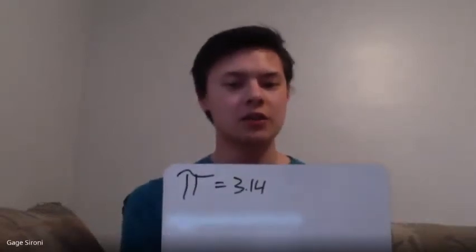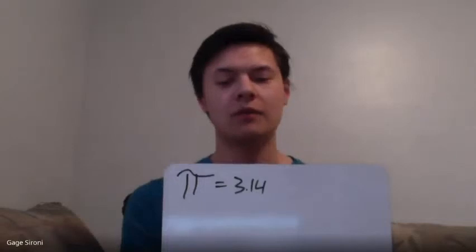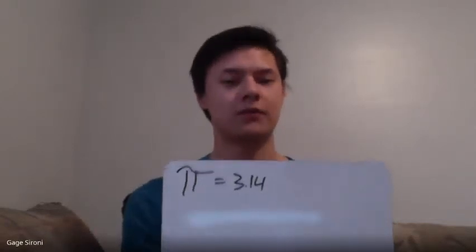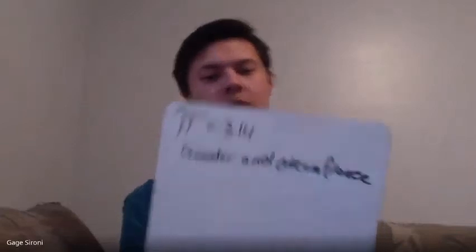Pi is a ratio or a way to compare diameter and circumference.